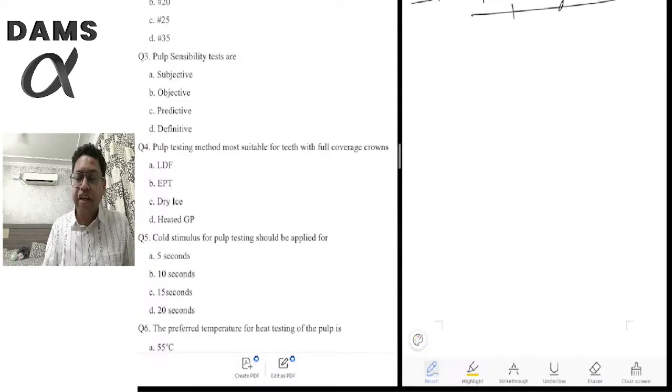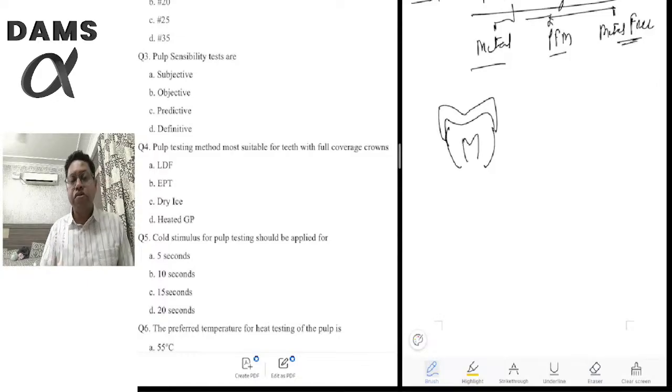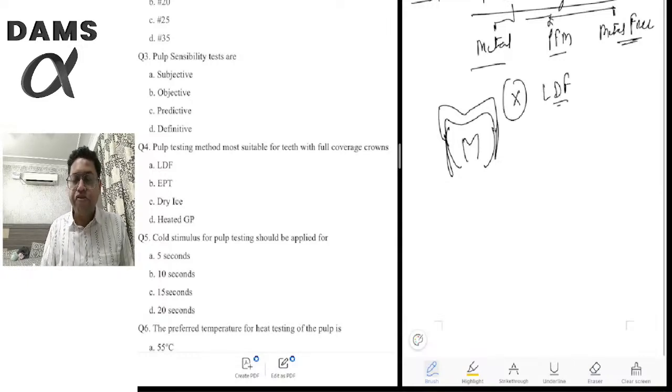Full coverage crowns can be metal crowns, PFM crowns, or metal free ceramic crowns. So if there is a vital tooth covered by a full coverage crown and we have to check the vitality status, we cannot use laser Doppler flowmetry.